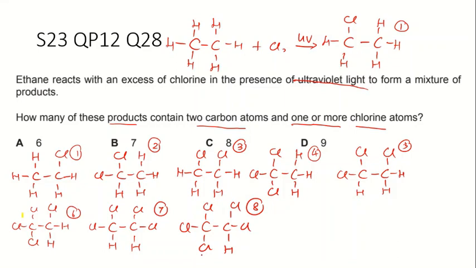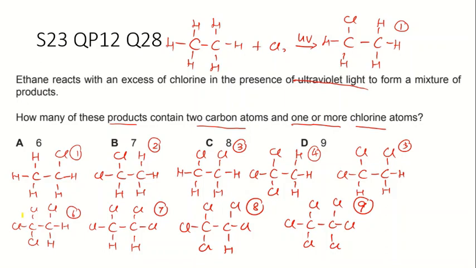So this is the only product with 5 chlorine atoms, 5 hydrogens being substituted by chlorine. And the last one, of course, has all hydrogens substituted by chlorine. So this is number 9. And of course, there's only one way because all 6 hydrogens are being substituted by chlorine.